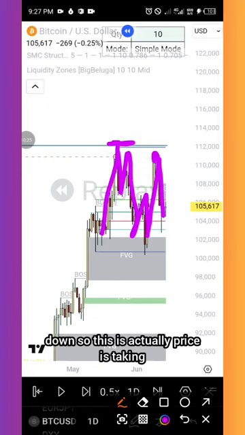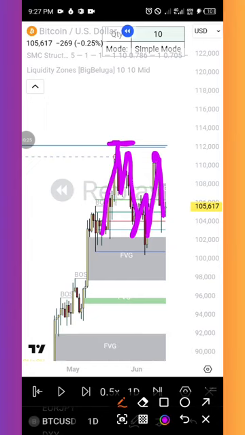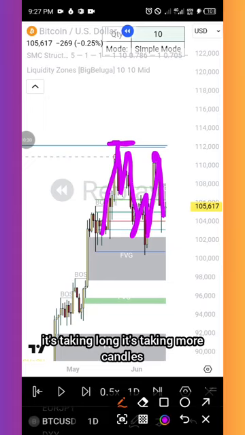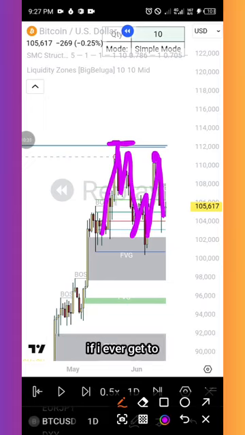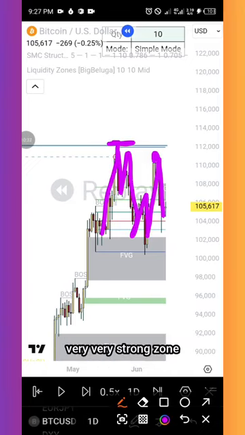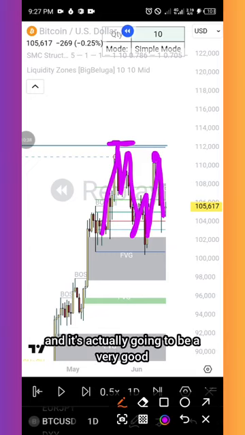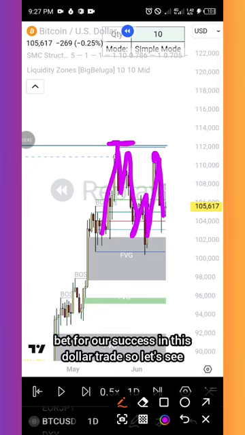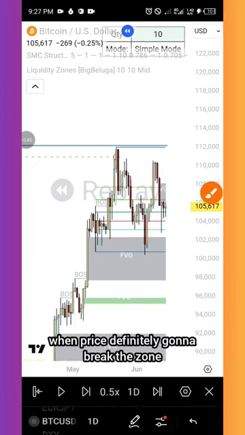So price is taking more candles to break this zone. Whenever it gets to that zone, it falls down. So I think this zone is a very strong zone, and it's actually going to be a very good bet for our success in this particular trade. So let's see when price is definitely going to break the zone.